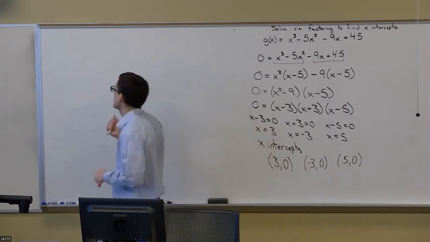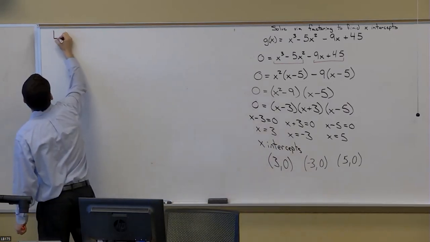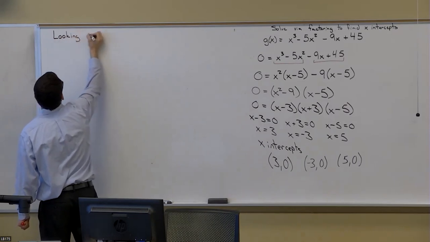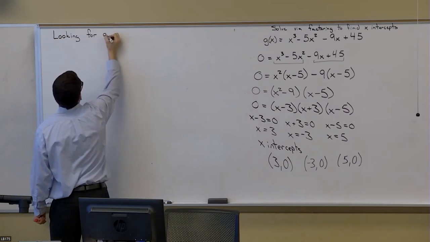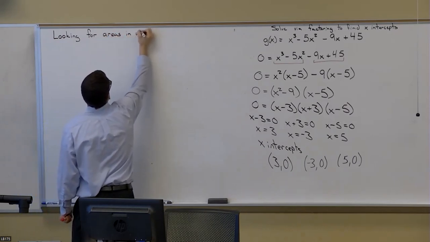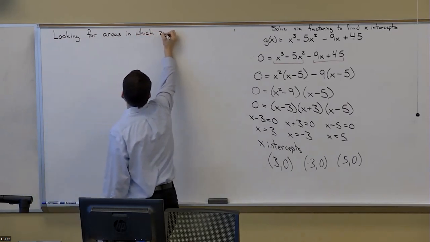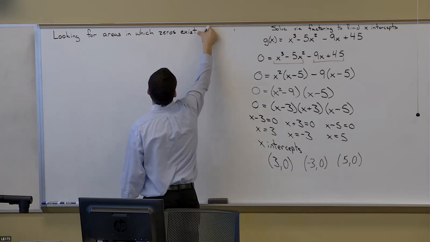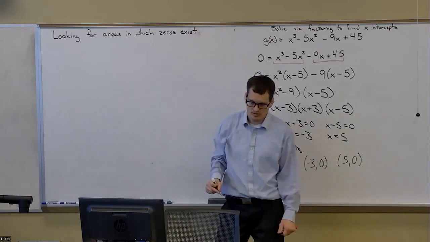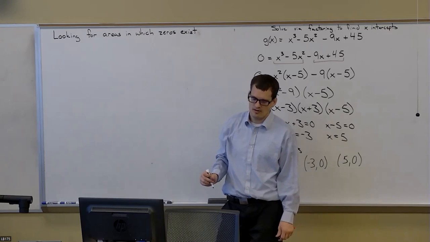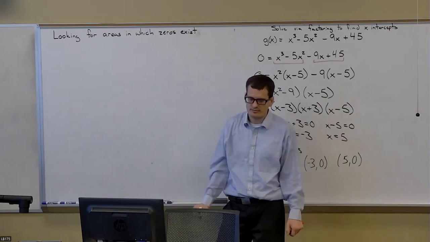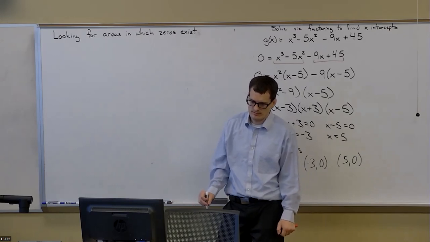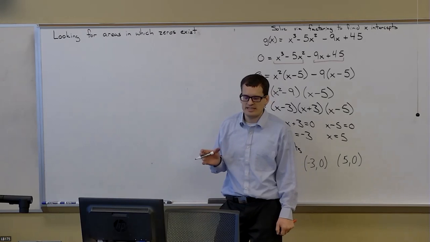Well, one other way to look for zeros is start by looking for areas in which zeros could exist. Now, there's a thing called the intermediate value theorem.